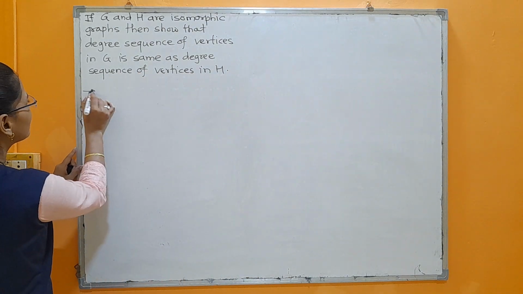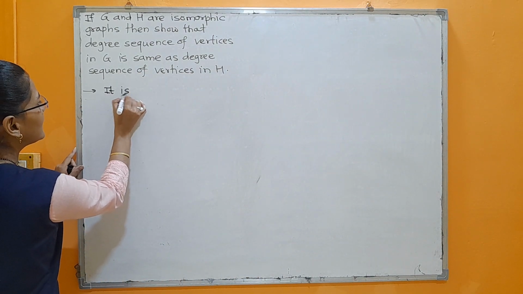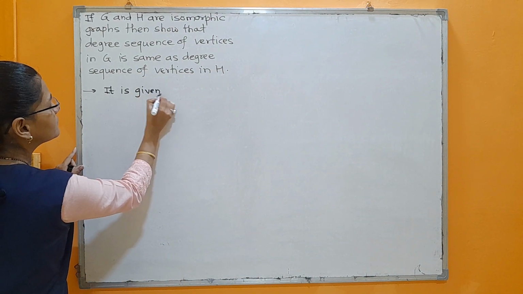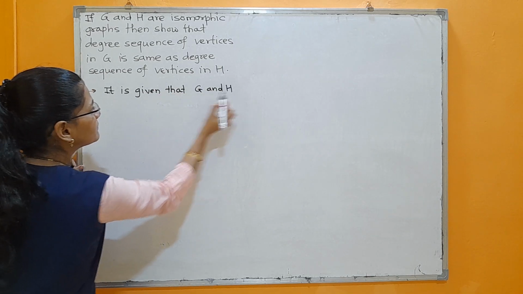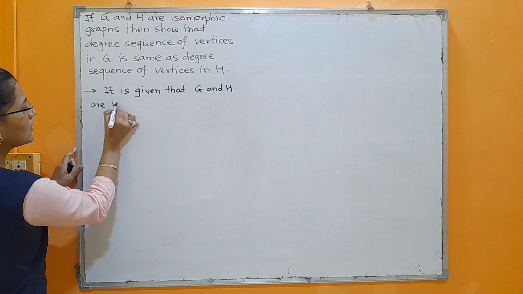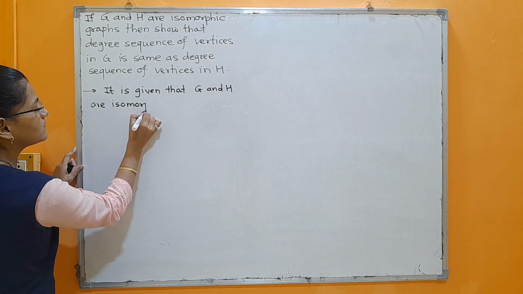So I am writing here, it is given that G and H are isomorphic graphs.